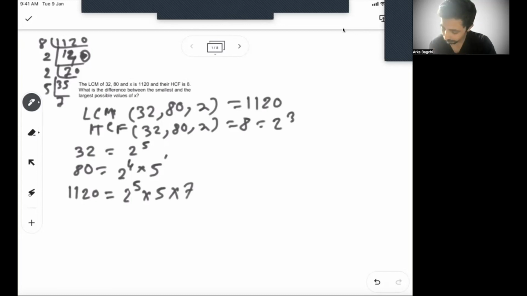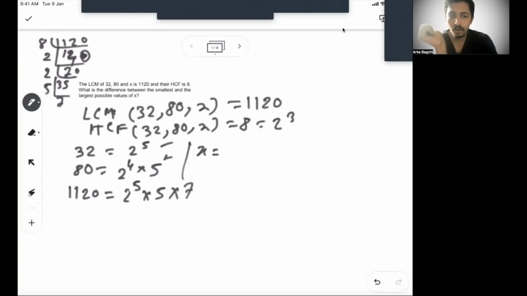In 32 we have 2 to the power 5, in 80 we have 2 to the power 4, but in x I cannot have more than 2 to the power 3, because to satisfy the HCF being 8, the highest common power of 2 across 32, 80 and x can only be 3.